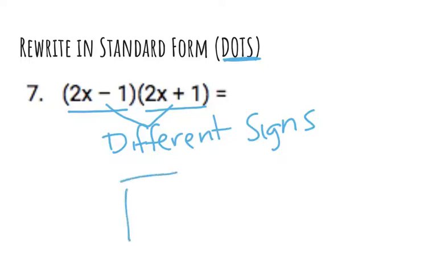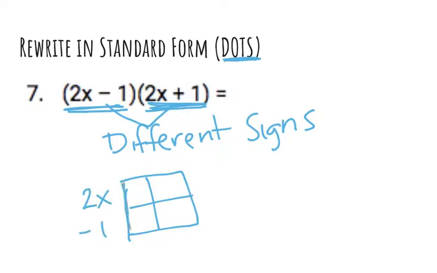So I make my area method box. I know that these two guys are factors, so they go outside: 2x minus 1. And it doesn't matter if it's on the side or on top, right? Either one is fine. And then I'm going to multiply that by 2x plus 1, right?